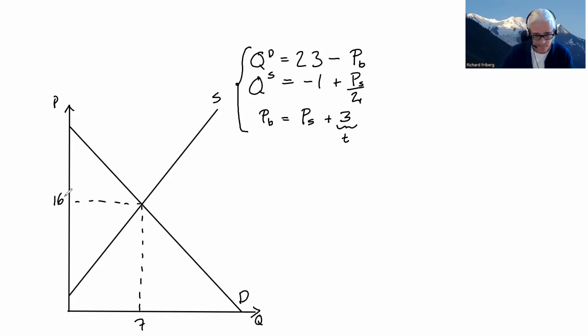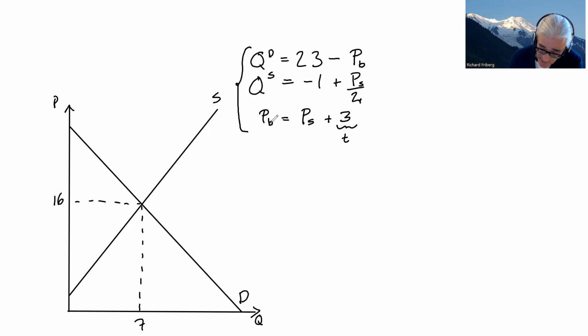Okay, but now there's a tax. So that tax is going to be affecting the prices and quantities. So let's see how. Let's solve for the new equilibrium. So we have 3 equations and 3 unknowns. Okay. So let's plug in the price.